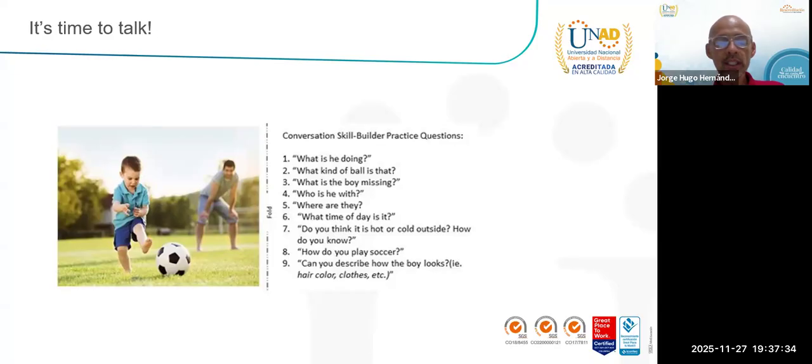When you are going to do this exercise, when you are going to describe the photo, the picture, you can record what you are saying, and this is a good exercise because after you record yourself, you are going to listen to yourself, and you are going to say, okay, I did a good job, or this wasn't a good job because I made many mistakes.